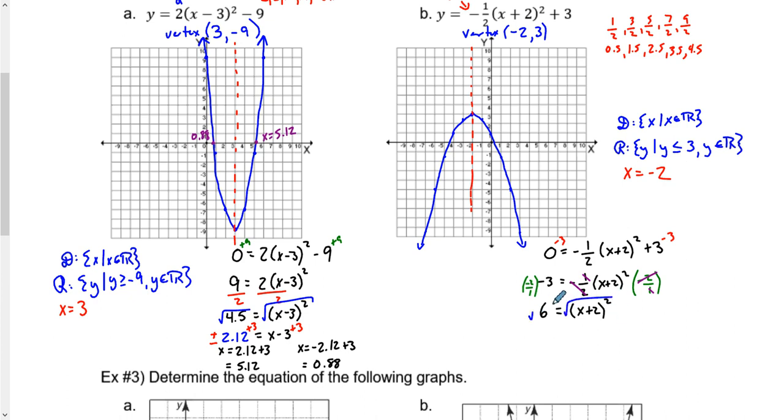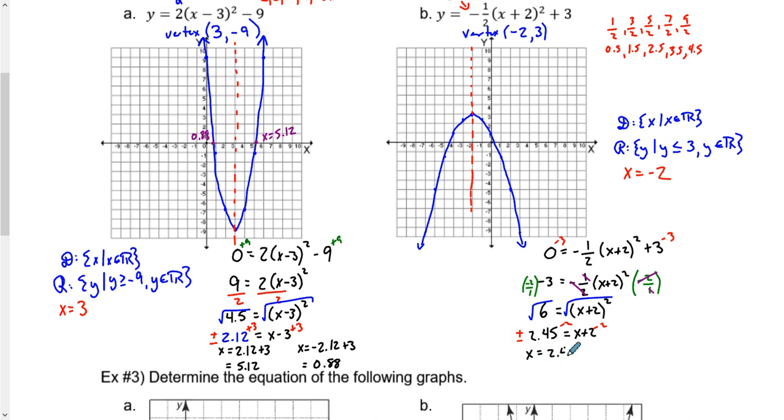Do our square root. Well, the square root of 6 should be about 2.45. But it's not just 2.45, because it could be a positive or a negative 2.45. And finally, subtract the 2 over to give us the 2 possible answers.